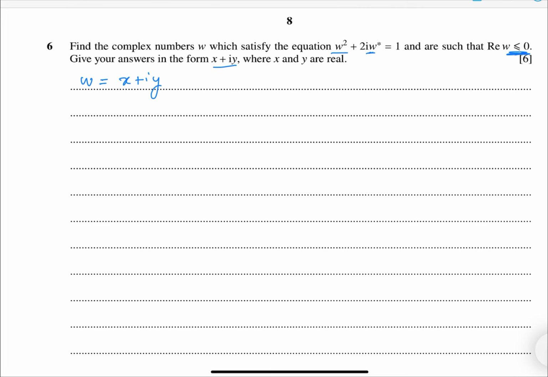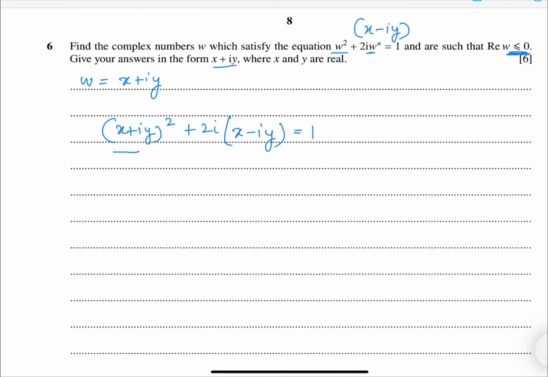So what would be w star? w star, w conjugate, would be, just replace the sign. Yes or no? So we will have w square, that is (x plus iy) square, plus twice iota times w star, which is x minus iota y, equals 1. Expand the brackets.